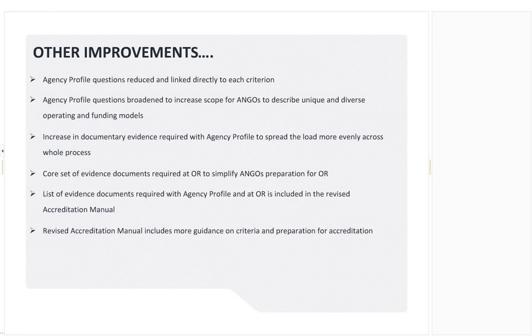So rather than wait for the DA report that was provided 4 weeks prior to the OR and a list of documents the organisations would then collect and prepare for review, this is all now available in the accreditation manual. So as soon as you start to think about your next preparation for accreditation, you'll be able to see that full list of documents that would normally be assessed at the OR ready in the manual.